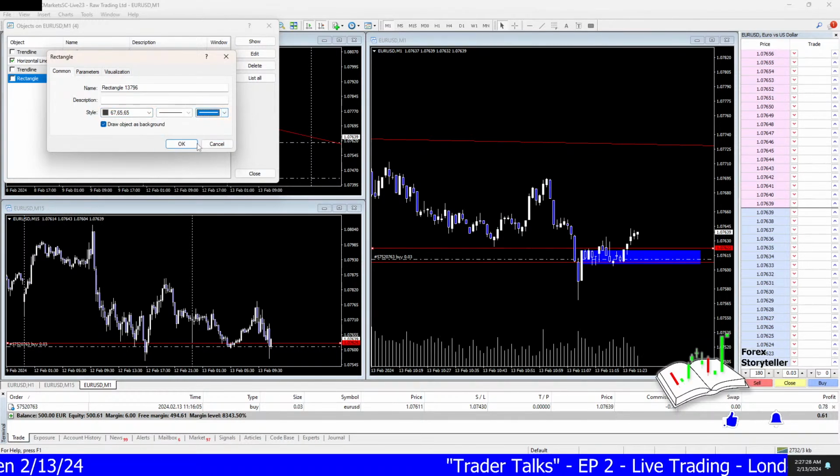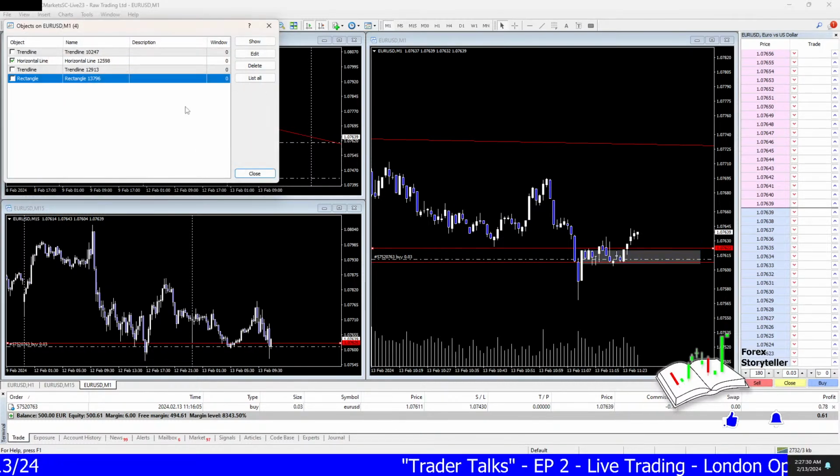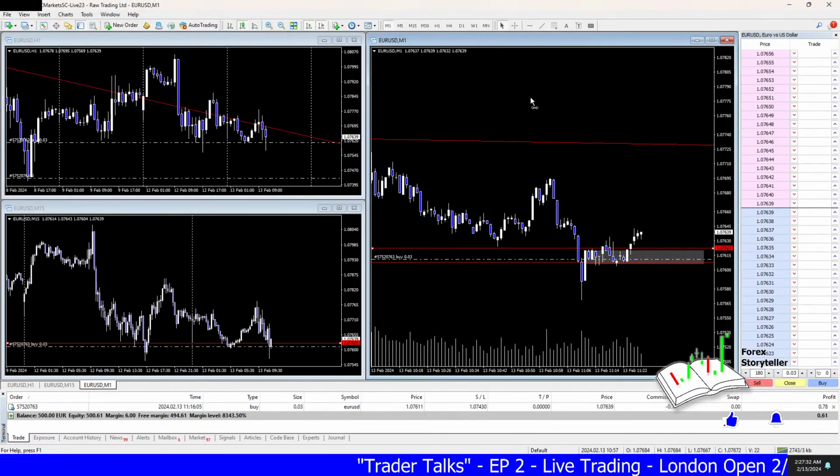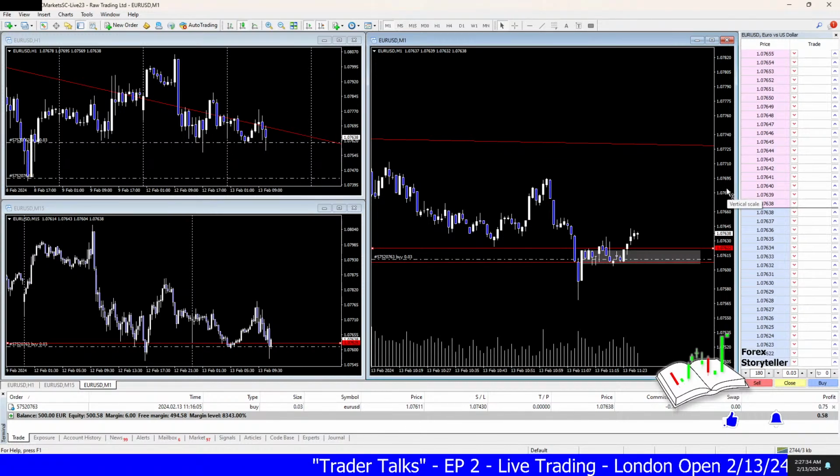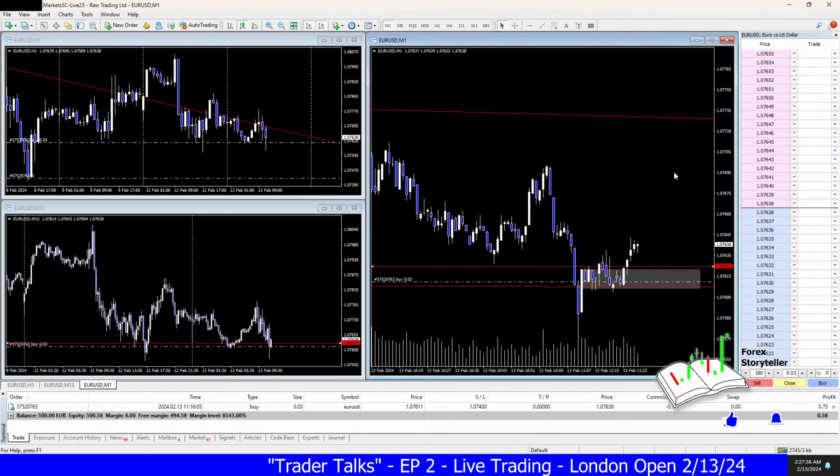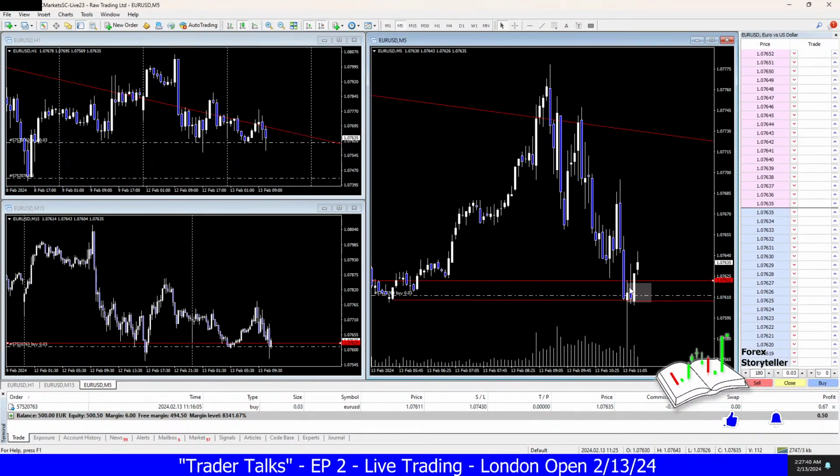That's good enough right there. We'll do that. Okay. Got a good little cluster to work with. Still looking in the M1. Let's back out to the M5 for a minute.